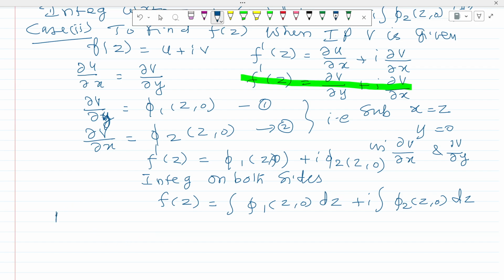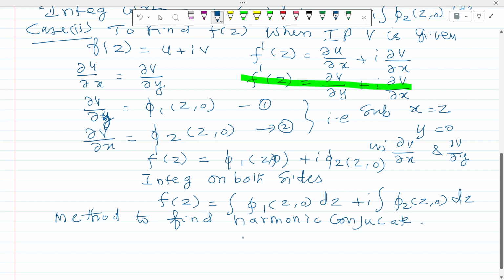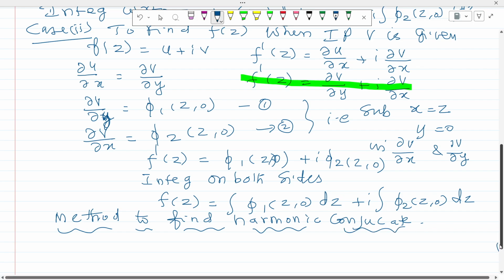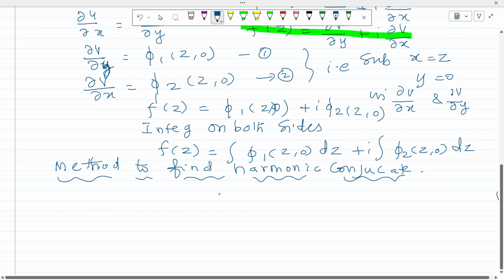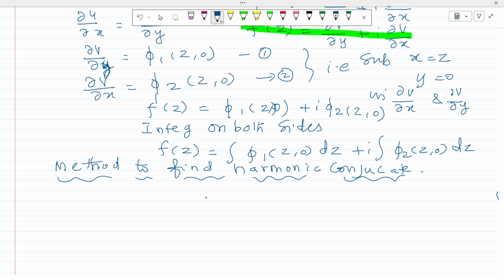Write down the heading: method to find harmonic conjugate. Yesterday we did one problem based on finding the harmonic conjugate. If u is given, v is the harmonic conjugate. If v is given, u is the harmonic conjugate.